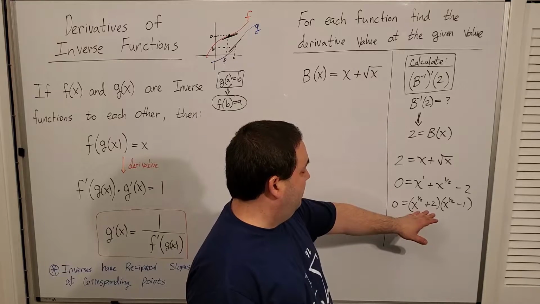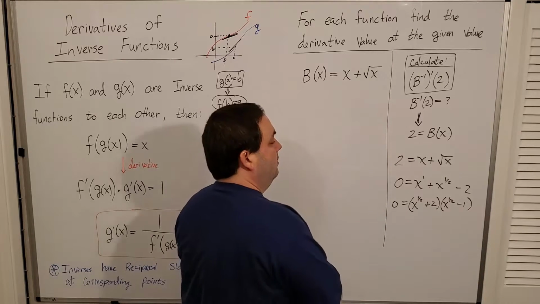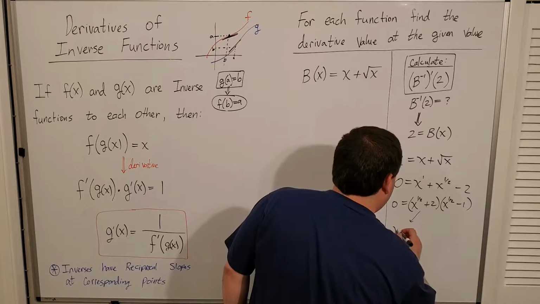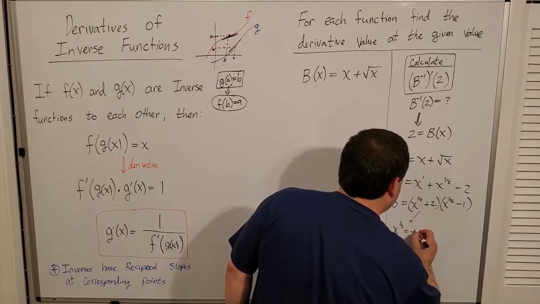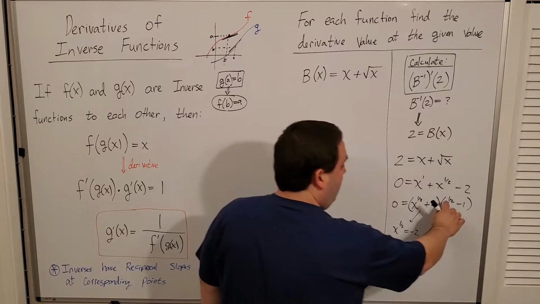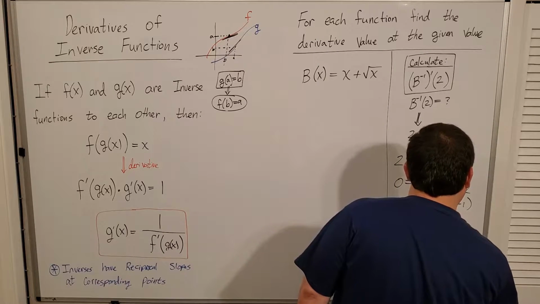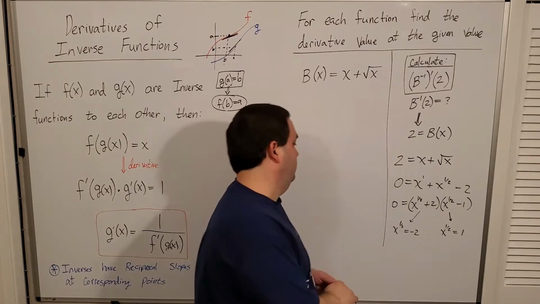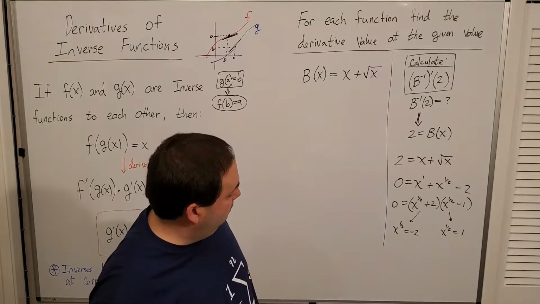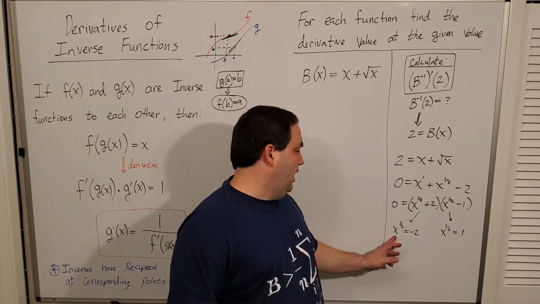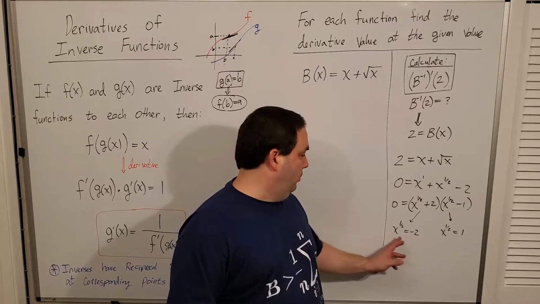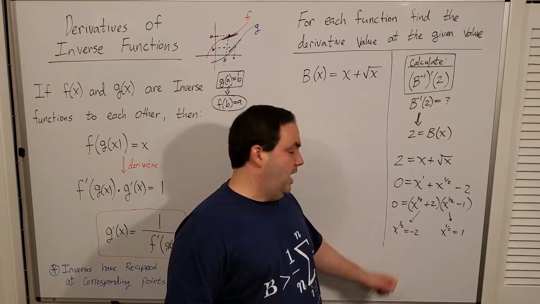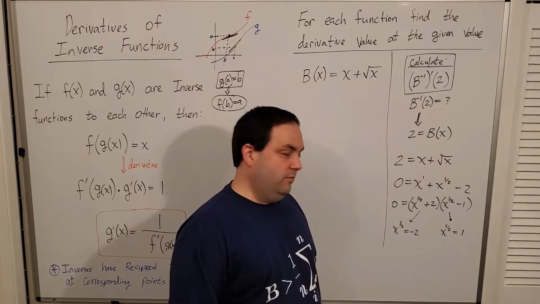When I solve this, I'm going to split it. Here I'm getting x to the 1/2 equals negative 2. And here I'm getting x to the 1/2 equals 1. Well, real quick, how could a square root give a negative number if there's not already a negative out here? x would have to be an imaginary number for this one.